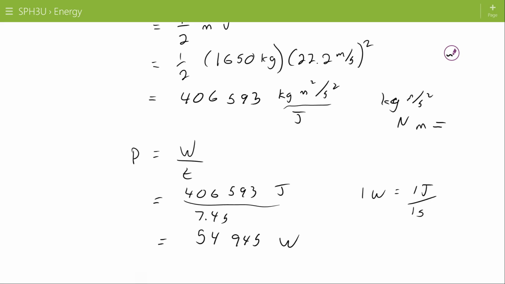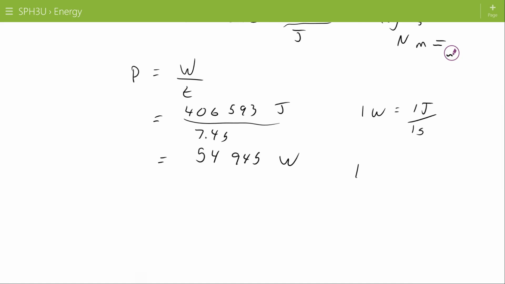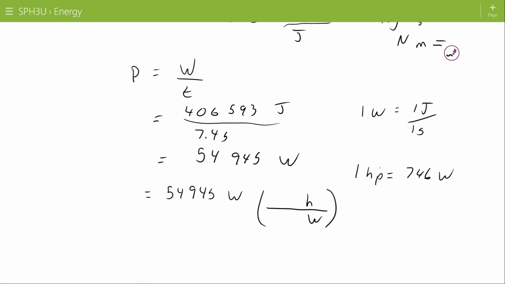And we were asked for that power in horsepower. Remember, 1 horsepower, I just looked this up on Wikipedia, is equal to 746 watts. So using that, I can make a fraction here to do this conversion, canceling out watts on the bottom and introducing horsepower.